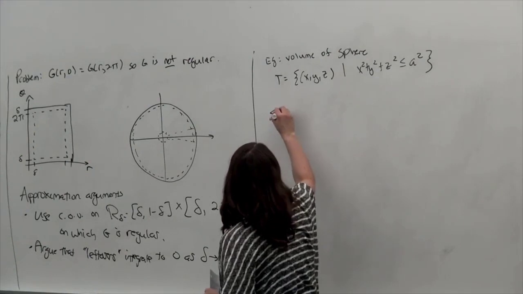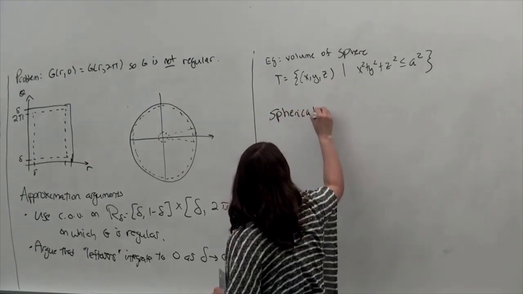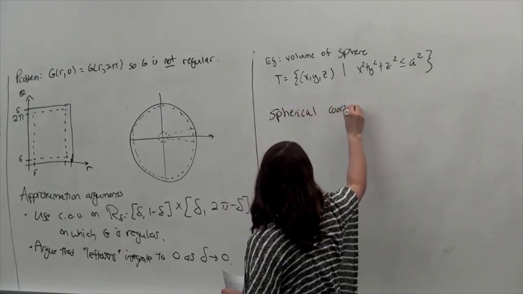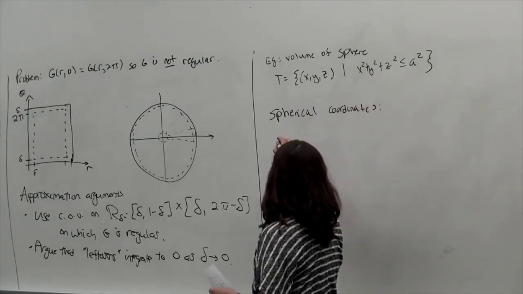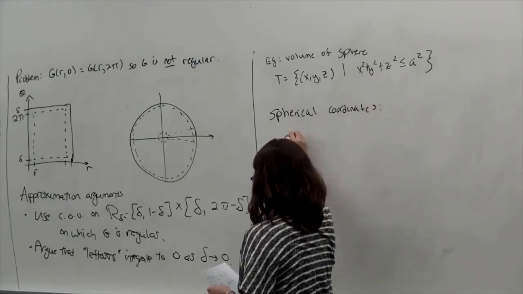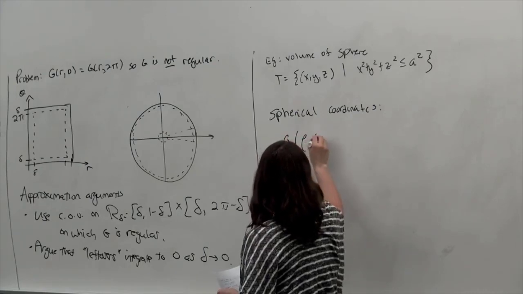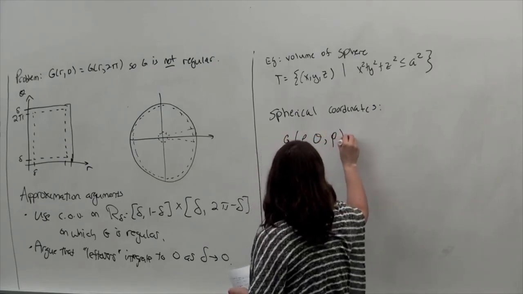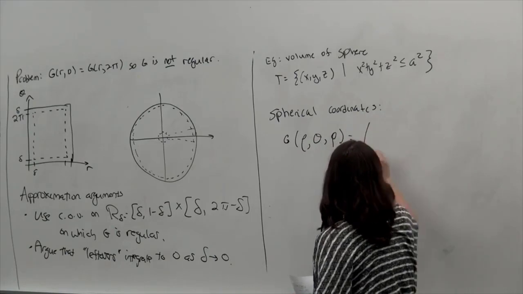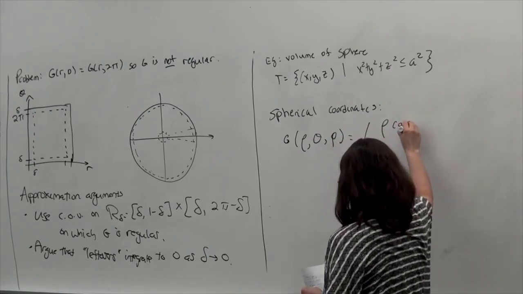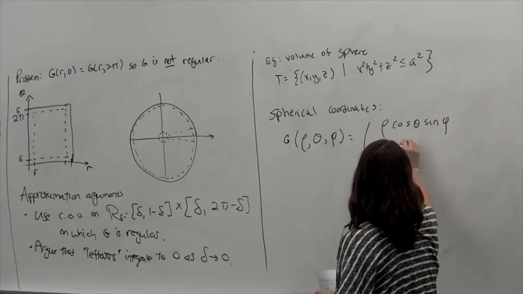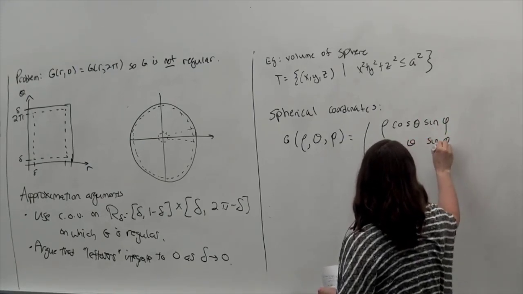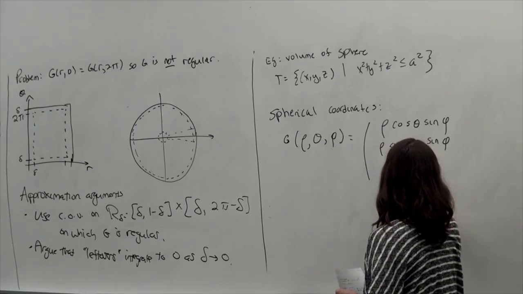So with spherical coordinates, we say, okay, we want to introduce this transformation, rho, theta, phi, and we have rho cosine theta sine phi, rho sine theta sine phi, and rho cosine phi.